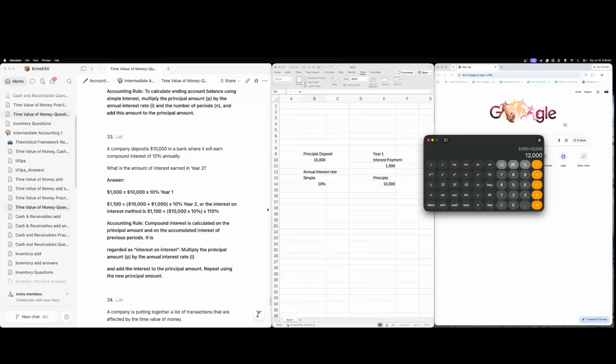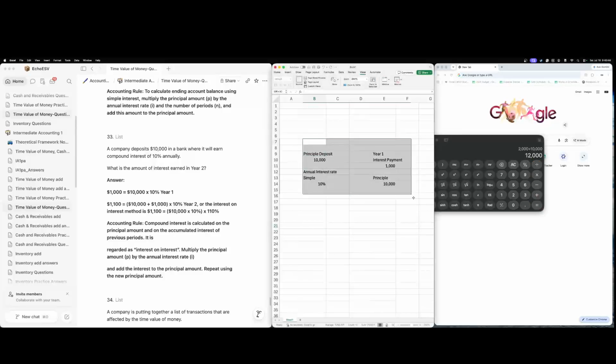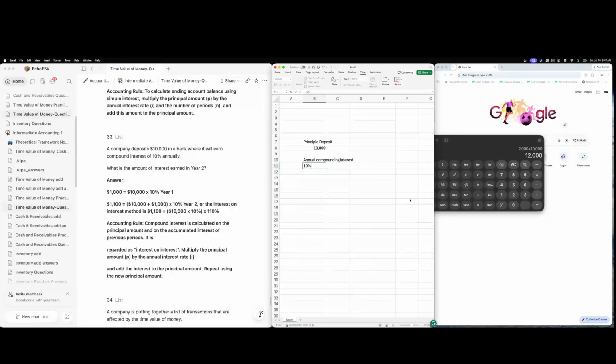A company deposits 10,000 where it earns compound interest of 10% annually. So the original principal deposit is 10,000 with annual compounding interest of 10%.